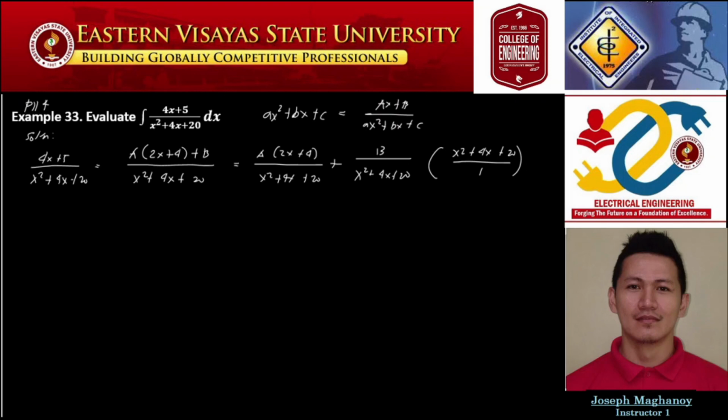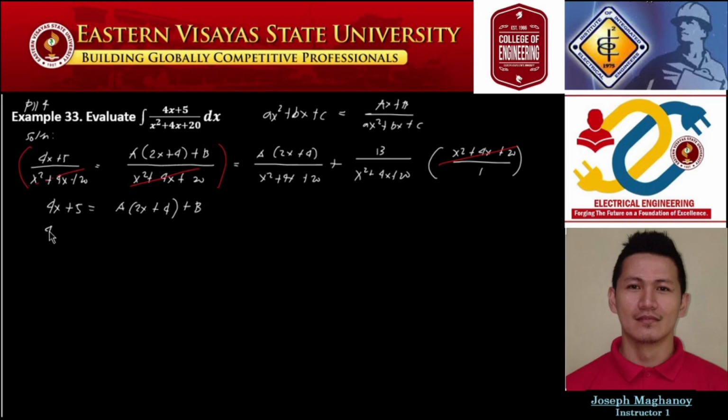So if we equate, multiplying both sides, your equation will be 4x plus 5 is equal to A times the quantity 2x plus 4, plus B. Now that we have our equation, we need to further simplify.